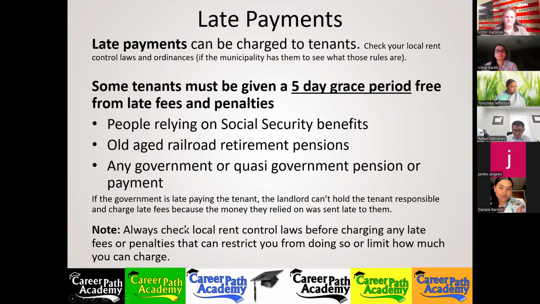All right. So always check your local rent control laws before charging any late fees or penalties, as they could restrict you from doing so or limit how much you can charge.